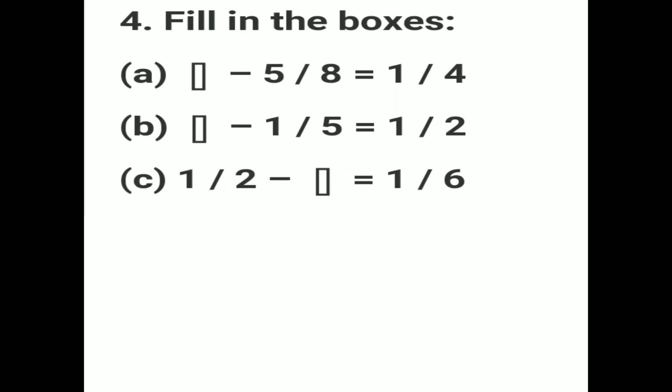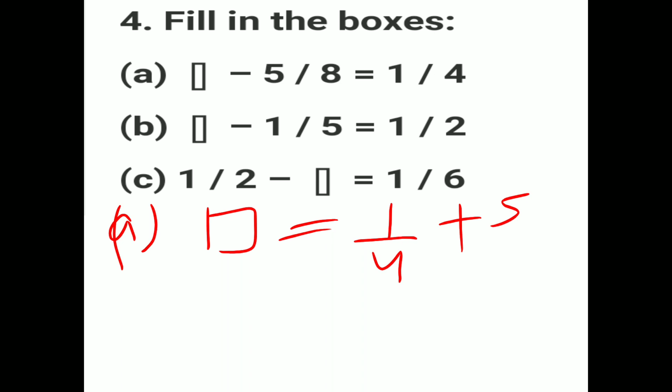Question number 4 is filling the boxes. In A part, box minus 5 by 8 is equal to 1 by 4. How will this answer come? Now you have done in the previous classes also that when we have to find this, we have to send it to the other side. And when we send it, this minus sign will convert into a plus sign. So box is equal to 1 by 4 plus 5 by 8.